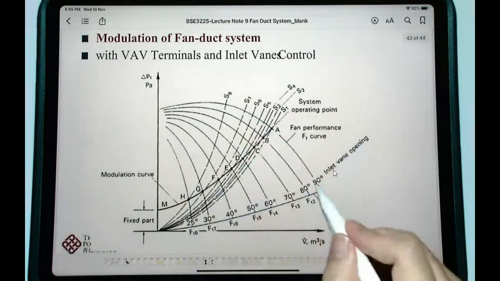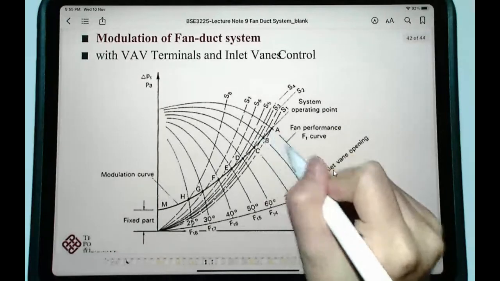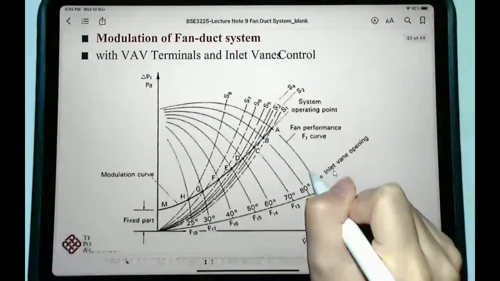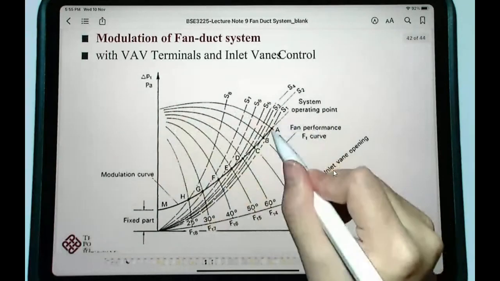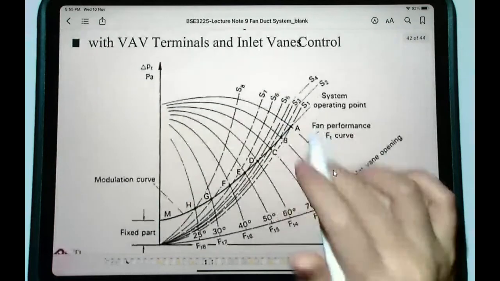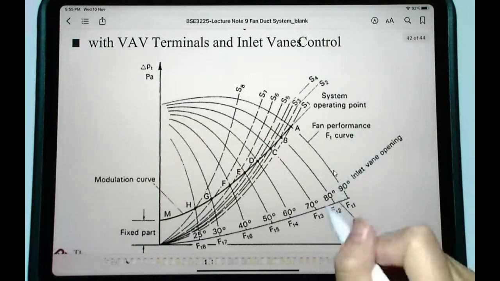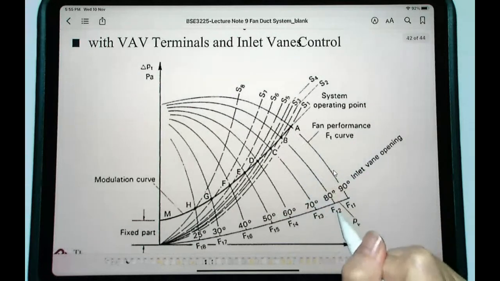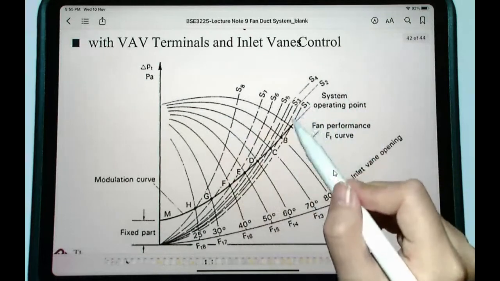As you can see here, we start with the inlet vane opening at 90 degrees, our fan performance curve is FT1, and the system curve is S1. So our operating point is point A. When we change the inlet vane opening to 80%, our fan performance curve will change to FT2, and the system curve will change to S2.